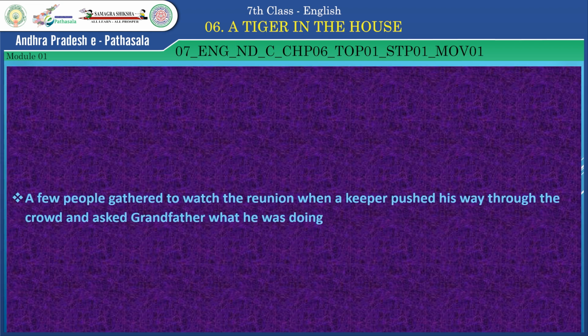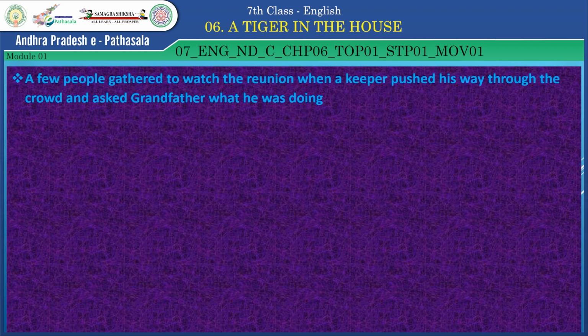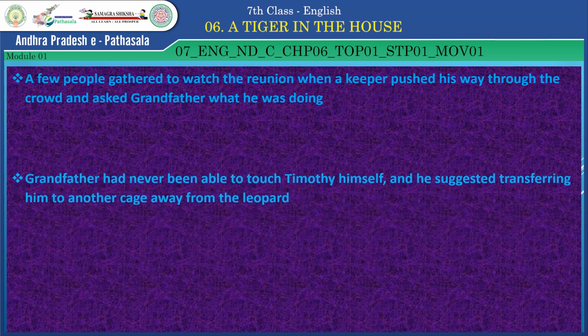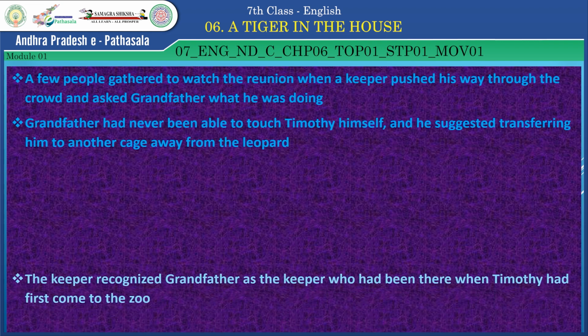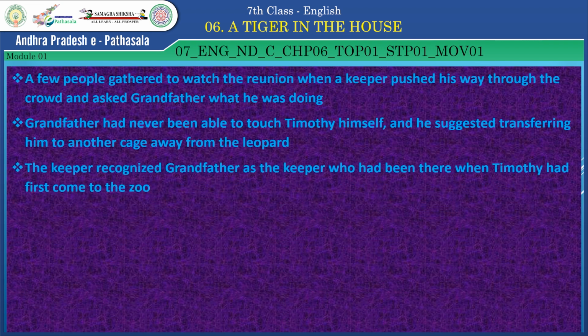A few people gathered to watch the reunion when a keeper pushed his way through the crowd and asked grandfather what he was doing. Grandfather had never been able to touch Timothy himself, and he suggested transferring him to another cage away from the leopard. The keeper recognized grandfather as the keeper who had been there when Timothy had first come to the zoo.